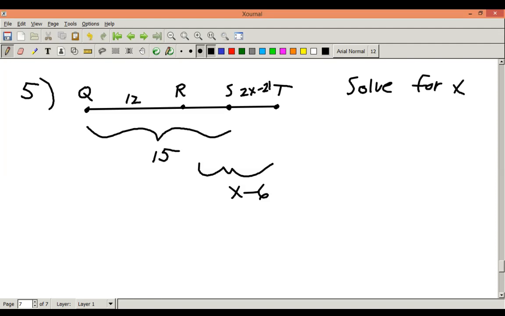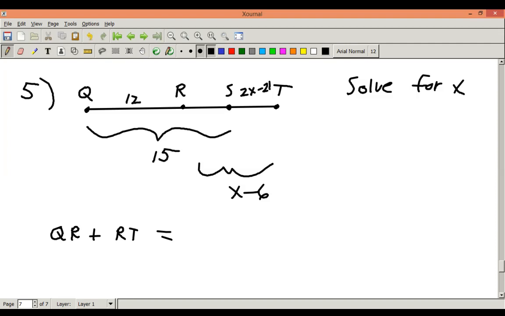You might have to look at that for a while. But if you look at it, you'll eventually see, hopefully, that segment QR plus segment RT, that's the whole thing, right?